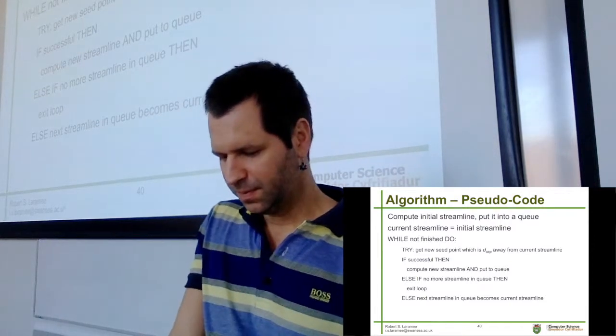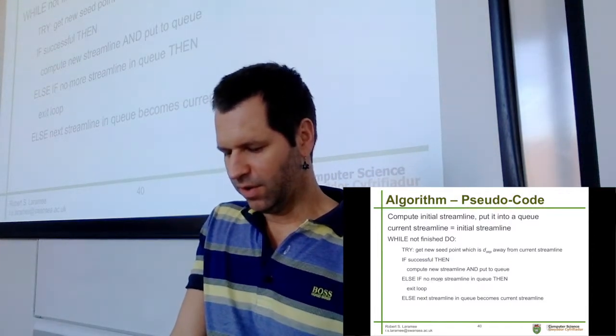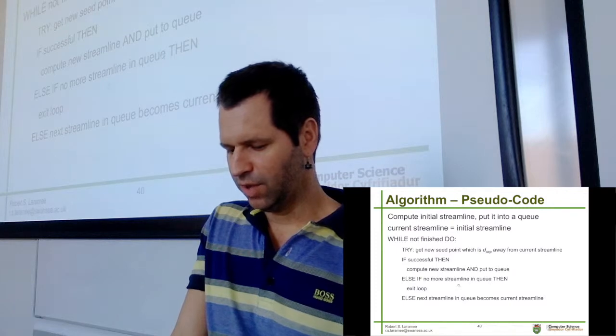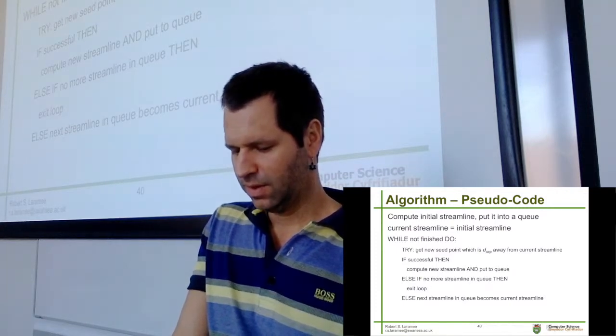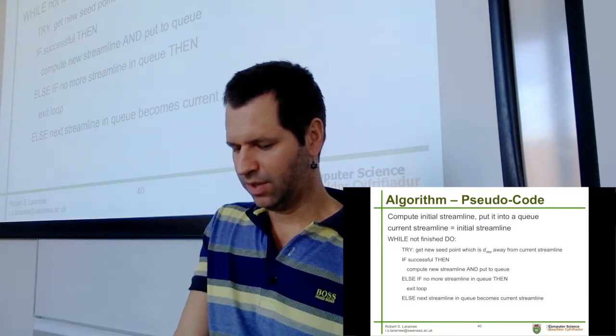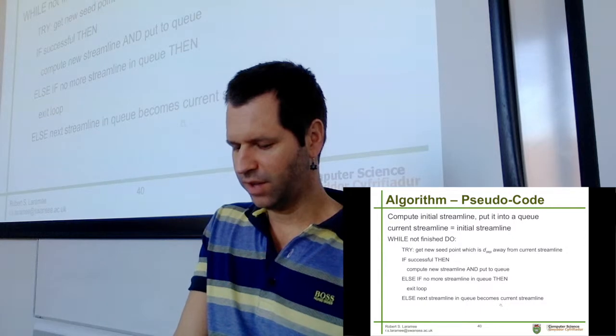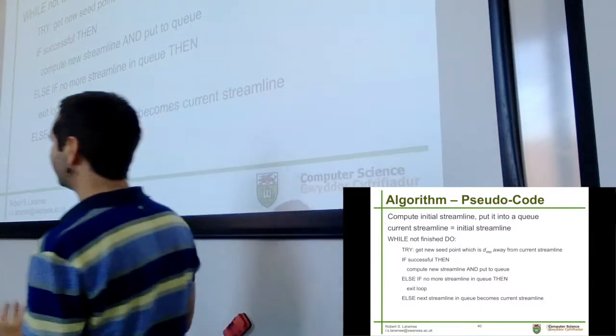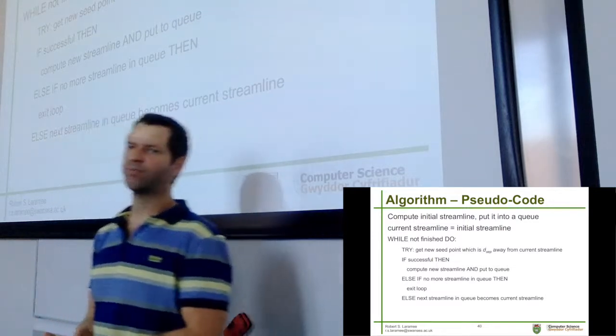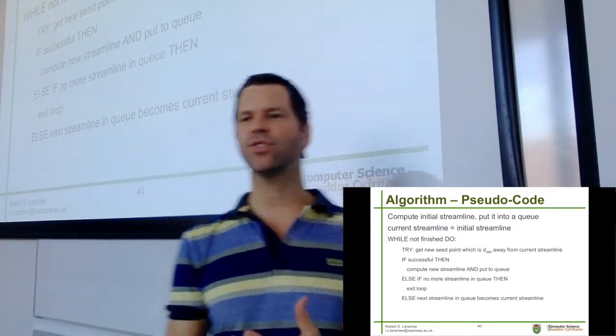Otherwise, if there are no more streamlines in the queue, then we're finished. Right? Otherwise, we take the next streamline in the queue, and it becomes the current streamline until there are no more streamlines to process or no more streamlines to search.